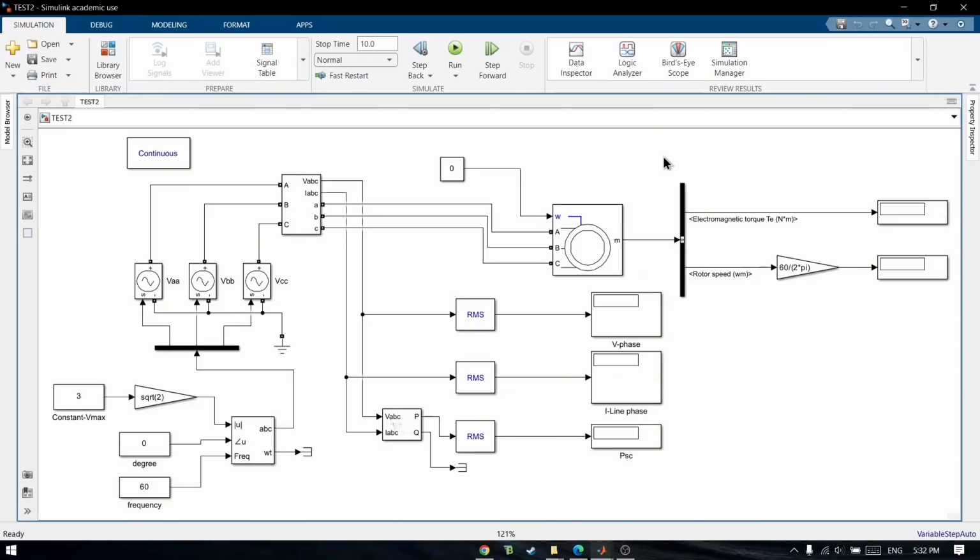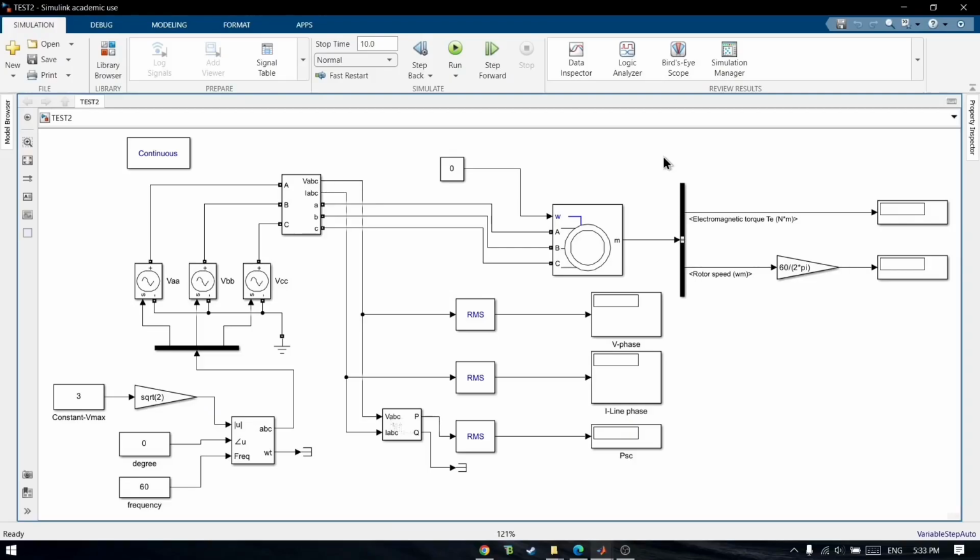I also demonstrate the block rotor test of a 3-phase induction motor using MATLAB Simulink. This test is essential for determining the total impedance, locked rotor resistance, and locked rotor reactance of the motor, crucial parameters for its equivalent circuit.